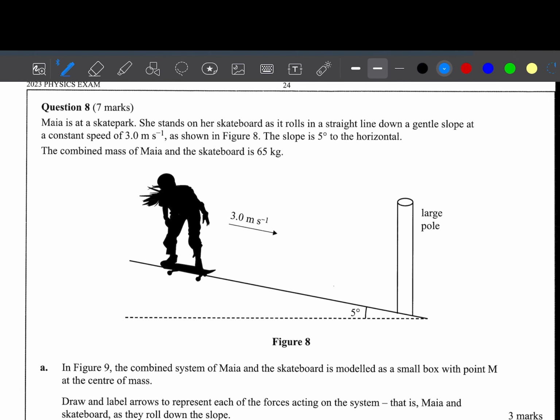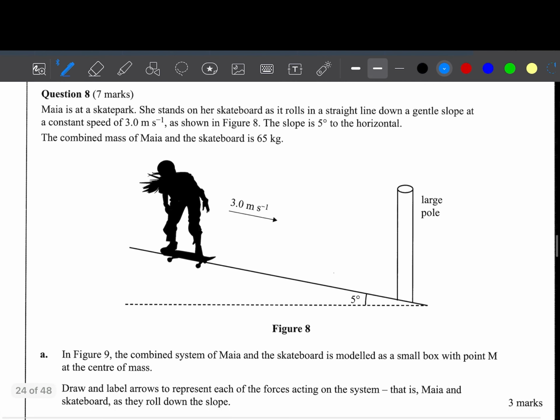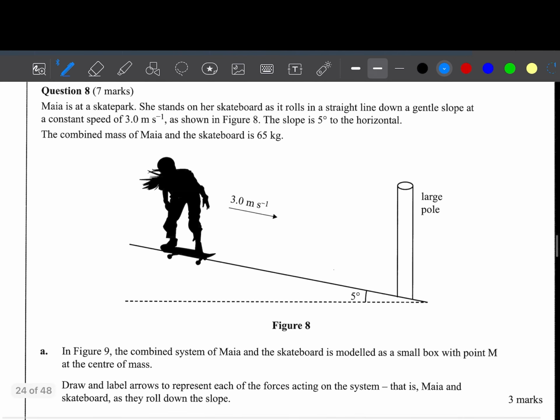So, okay, at a skate park, she stands on her skateboard as it rolls in a straight line down a gentle slope at a constant speed of 3 meters per second. The slope is 5 degrees to the horizontal. The combined mass is, okay, so 65.